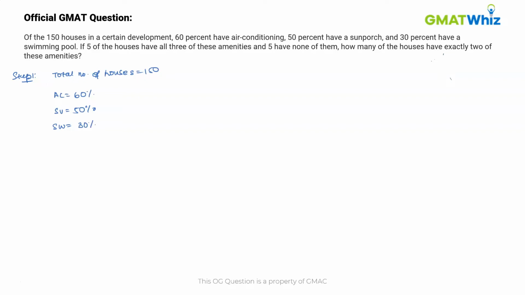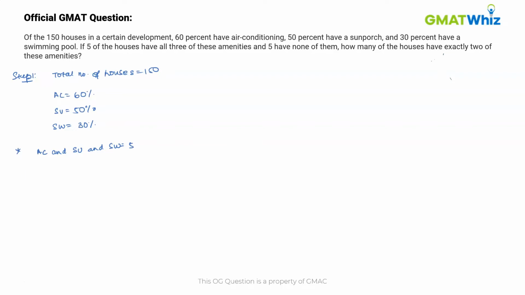We are given that out of these 150 houses, 5 of the houses have all of the 3 amenities. That means the number of houses who have air conditioning and sun porch and swimming pool is equal to 5, and 5 have none of them.